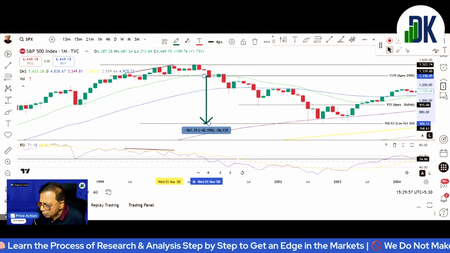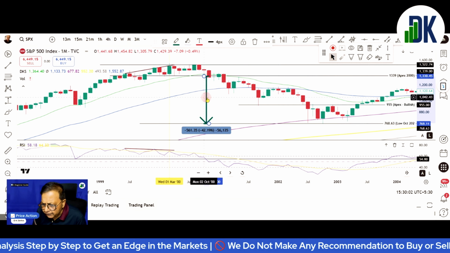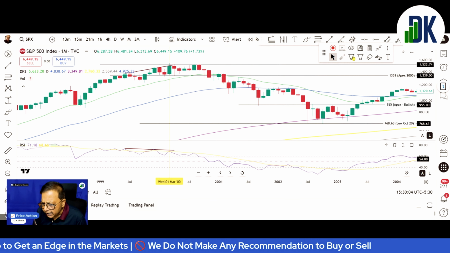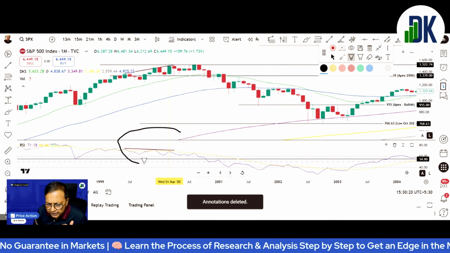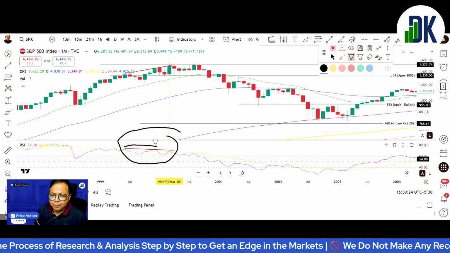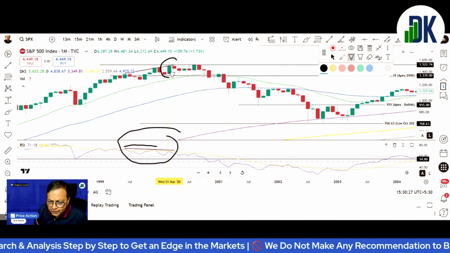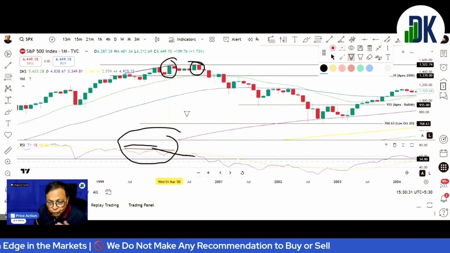Now I'll tell you one more thing: it is not only price action, but we need some kind of confluence. Here the market was making higher highs. Look at the momentum indicator RSI. It was making lower highs. Although there was a pullback here and a pullback here, momentum was waning.